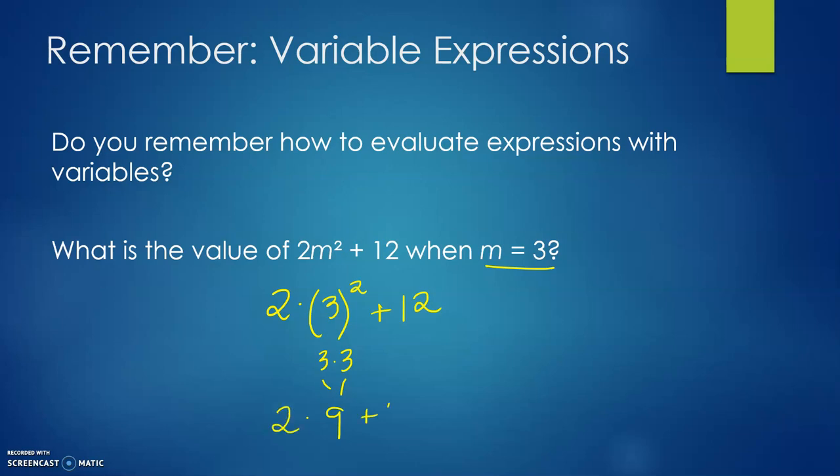Rewrite everything else. And now I need to multiply and then finally add. And 18 plus 12 is going to be 30. So the value of this expression right here is 30 when m equals 3.